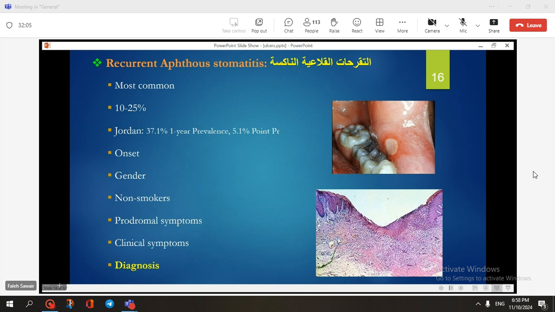Once you see the shape, size and color of the ulcer, and it is painful, and sometimes multiple, these are characteristic features. You do not need to take a biopsy. If you take a biopsy, it is just a non-specific ulcer, the same as a traumatic ulcer, as you can see here in the tissue.